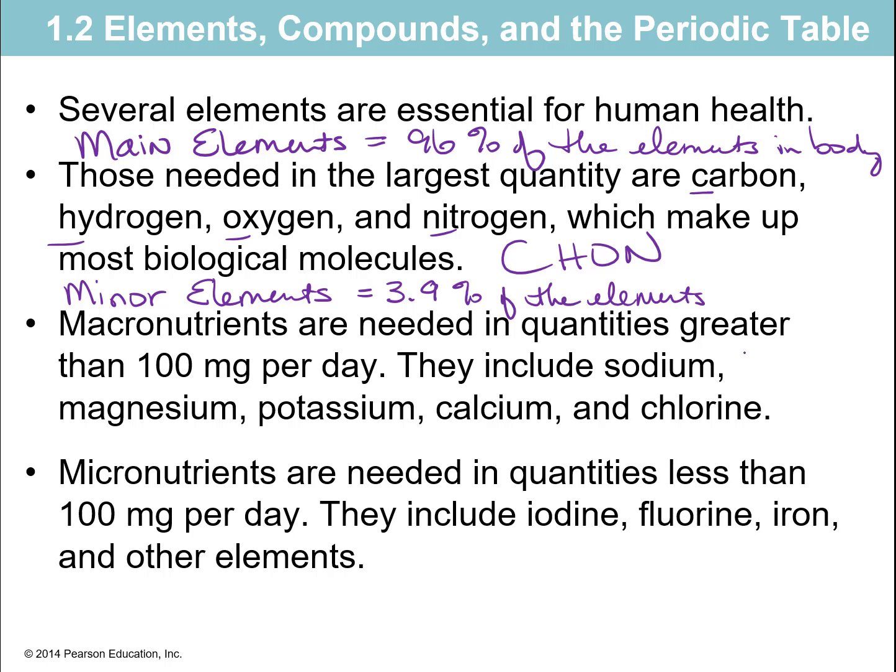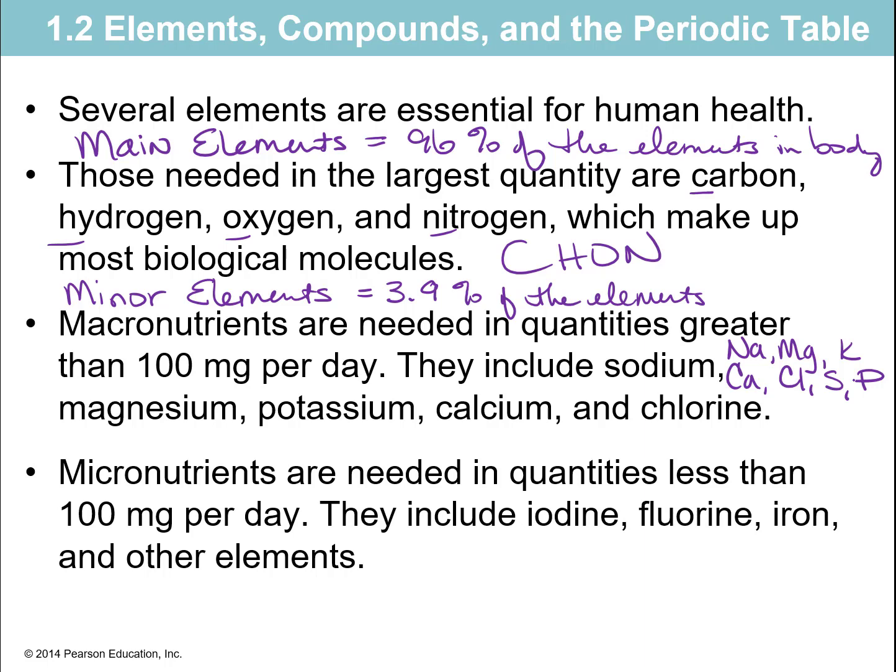And so this is sodium, Na, magnesium, Mg, potassium, which is K, calcium, Ca, chlorine, Cl, sulfur, S, and phosphorus, which is P. So those are the 7. So they call those the minor elements. So that means just 11 atoms on the periodic table make up 99.9% of you.